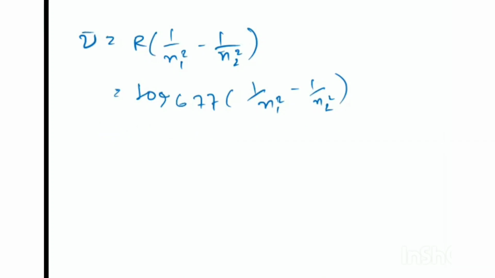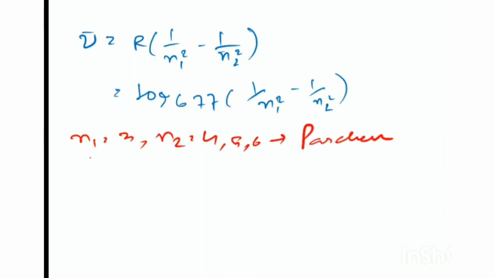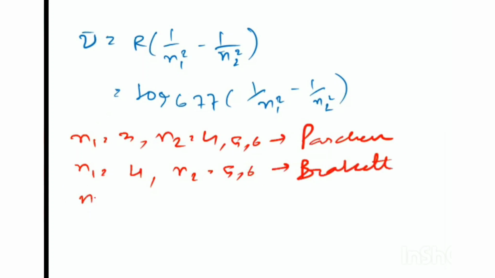If n1 equal to 3 and n2 equal to 4, 5, 6, then it is the Paschen series. If n1 equal to 4 and n2 equal to 5, 6, then it is called the Brackett series. If n1 equal to 5 and n2 equal to 6 or 7, then it is called the Pfund series.